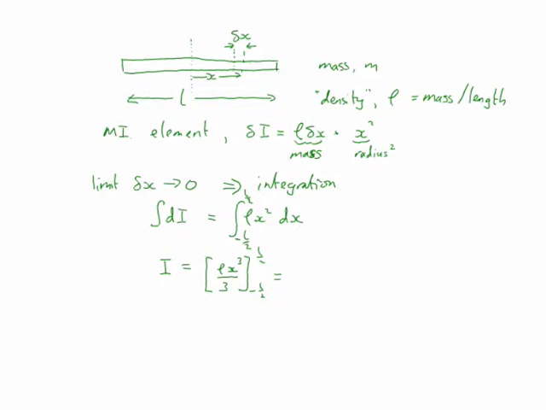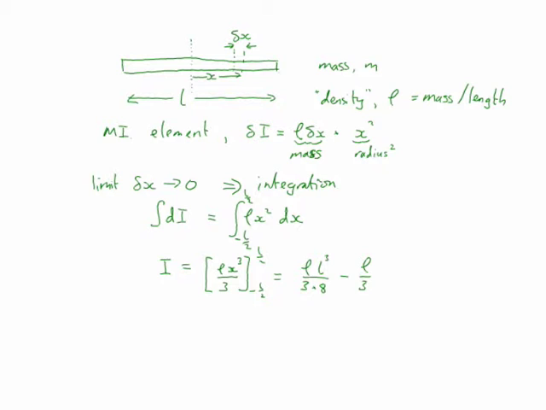So this is equal to rho times L cubed over, and then we've got 3 times 8, because 2 to the power 3 is 8, right? So that's just a half. This quantity here is just L over 2 cubed. And then minus rho over 3 times, and now we have minus L over 2 cubed.